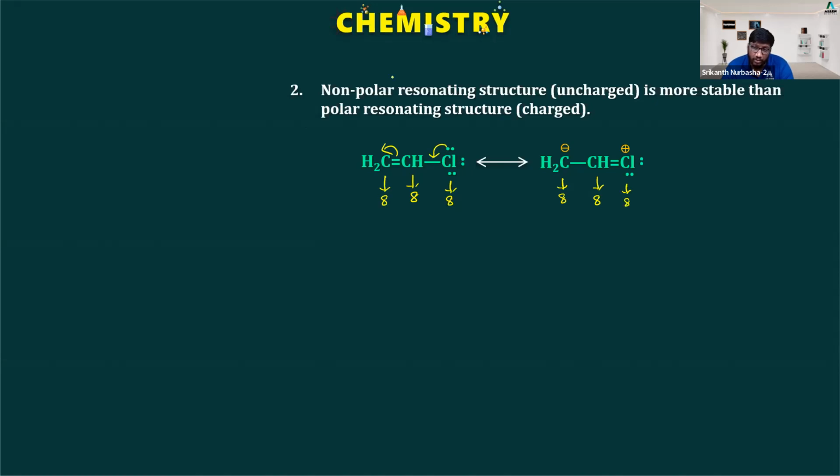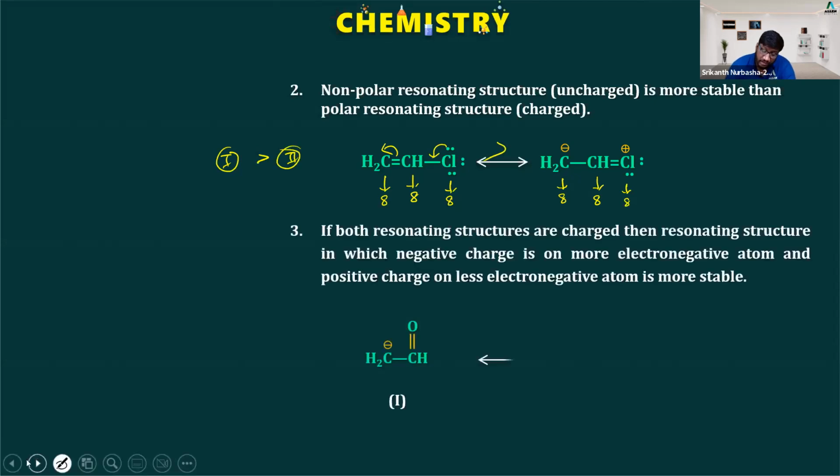So both the resonating structures have octet electronic configuration for all the atoms. The difference between the resonating structures is just the charge. And I have given the example: a non-polar resonating structure means an uncharged resonating structure, which is more stable than the polar or charged one. So you can say the first structure is stable when compared to the second. Right?